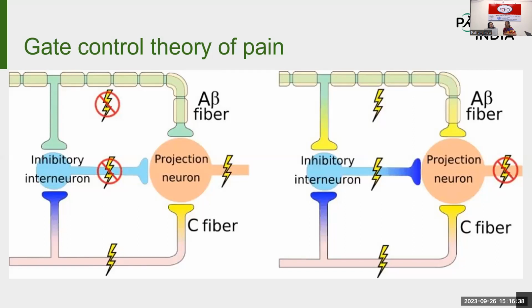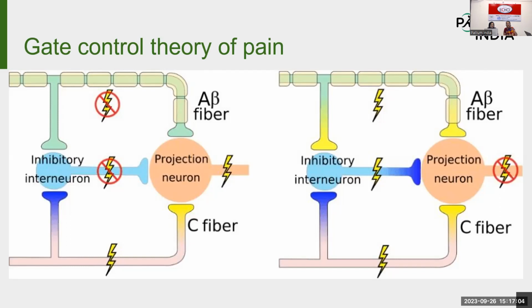When you rub, everyone feels, do you feel some relief, or do you still rub without any reason? We will get relief, ma'am, because A beta fibers will be stimulated. Correct. So that is what was found out by the gate control theory. That's what is depicted in this figure. Normally pain is transmitted through the C fibers and A delta fibers.